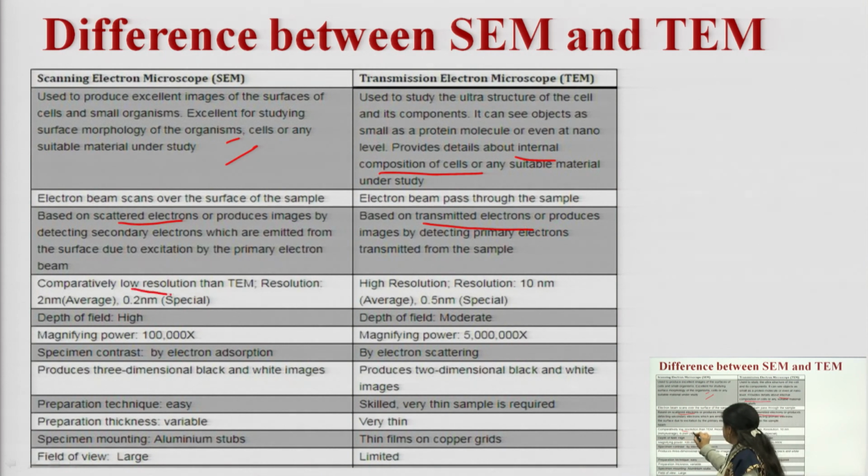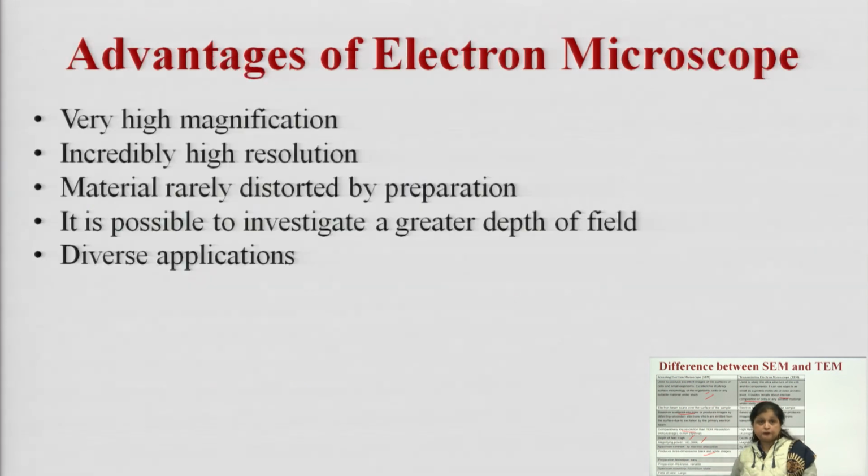SEM has comparatively low resolution, TEM has high resolution. Depth of field is high in SEM, moderate in TEM. Magnifying power of SEM is 1 lakh to 10 lakh, whereas magnifying power of transmission electron microscopy is 5 lakhs. SEM produces a 3-dimensional image, whereas TEM only produces 2-dimensional images.